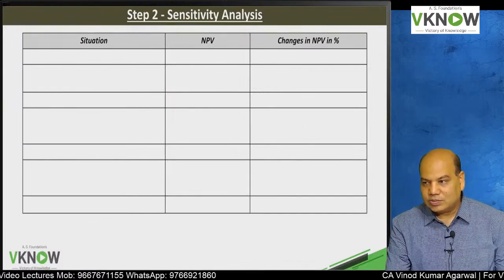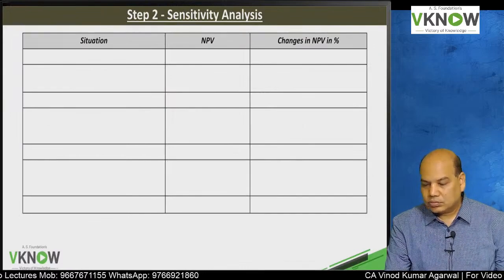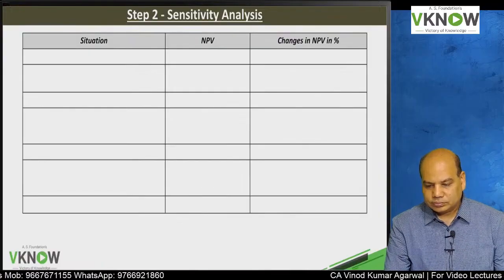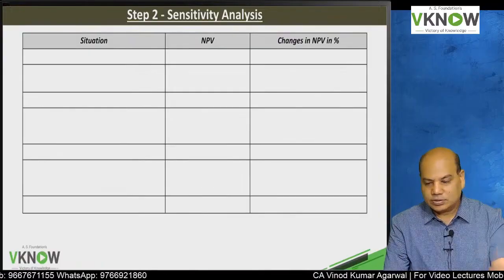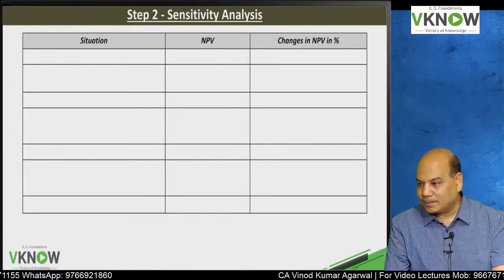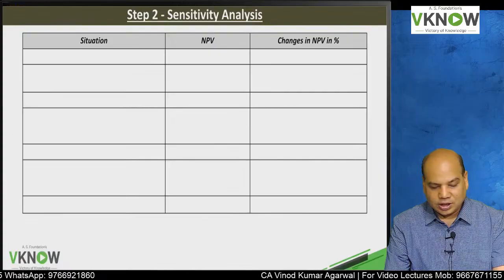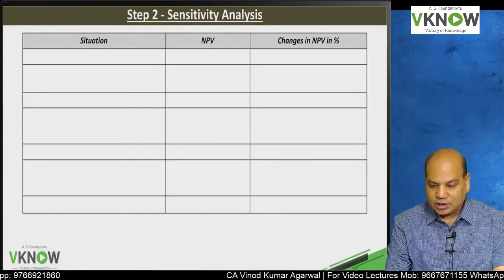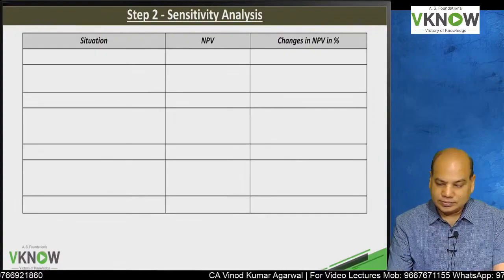Now write down step 2, sensitivity analysis. Draw three columns: situation, NPV, change in NPV in percentage.